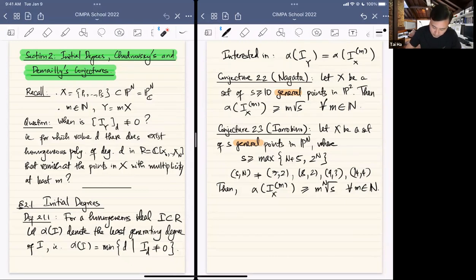So maybe I'll state the next conjecture together. This is 2.4. So here I'm going to let X be any set of s points in Pn.